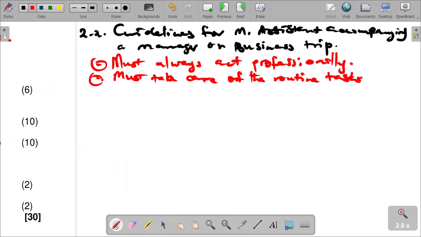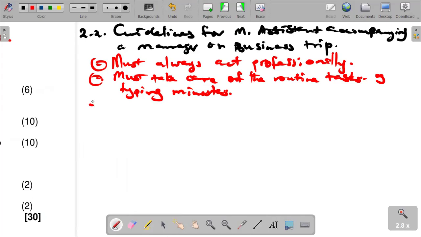We can talk about agendas of meetings and business trips, and typing the minutes. The management assistant must always know that records of the meeting or business trip are being kept. That can only be fulfilled because of the assistant making records of the meetings, of the minutes.